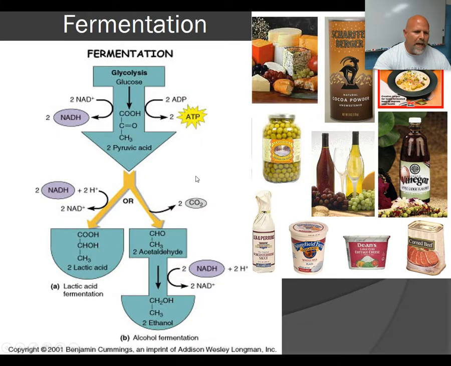Then organisms are going to go through different types of fermentation. Two common ones: a lot of mammals will go through lactic acid fermentation in their bodies, and yeast go through something called alcoholic fermentation, where they produce alcohol and carbon dioxide as waste products.